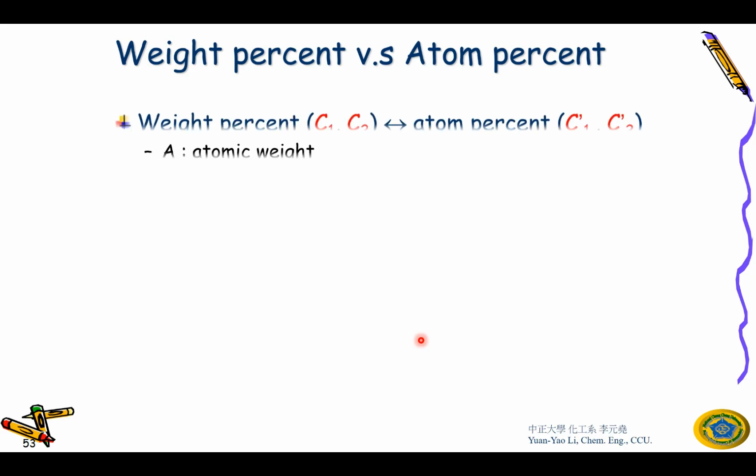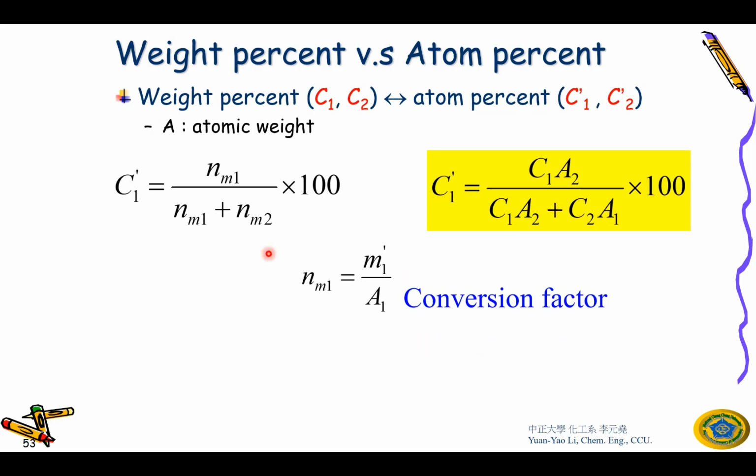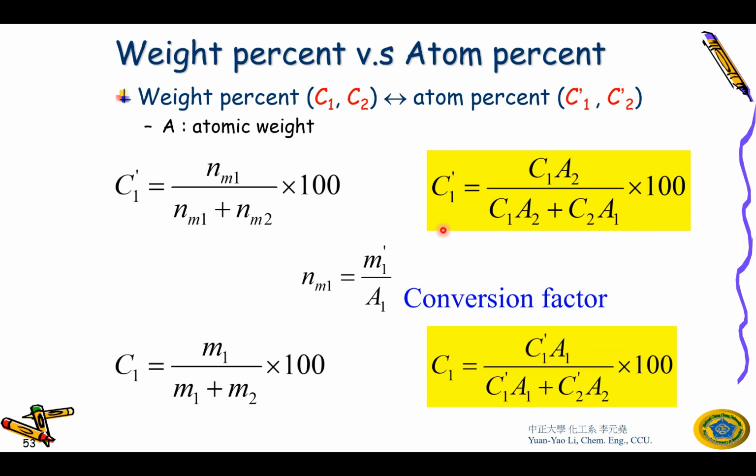This is easy, so I want to skip this for you. So actually, what is the conversion factor? You have mass and you have moles. The important thing is that this conversion factor is the atomic weight. So please do this by yourself. This is a very simple calculation, and I'm sure you can do it.